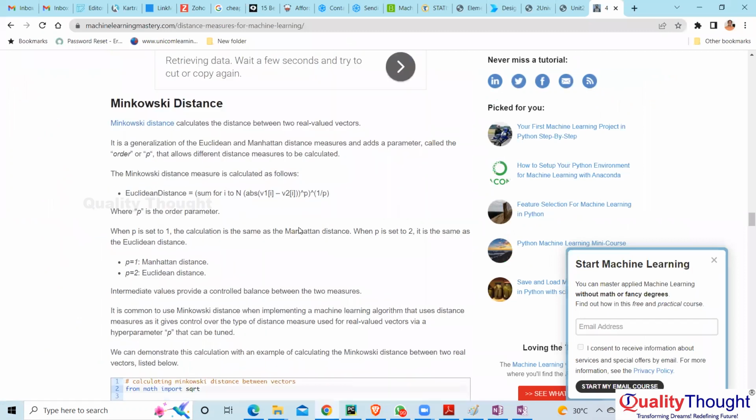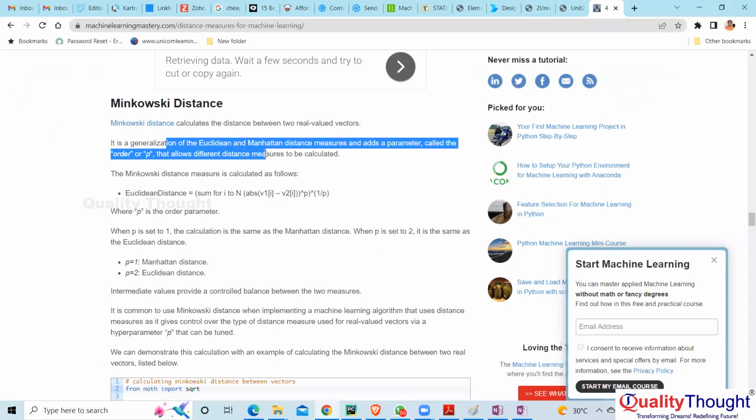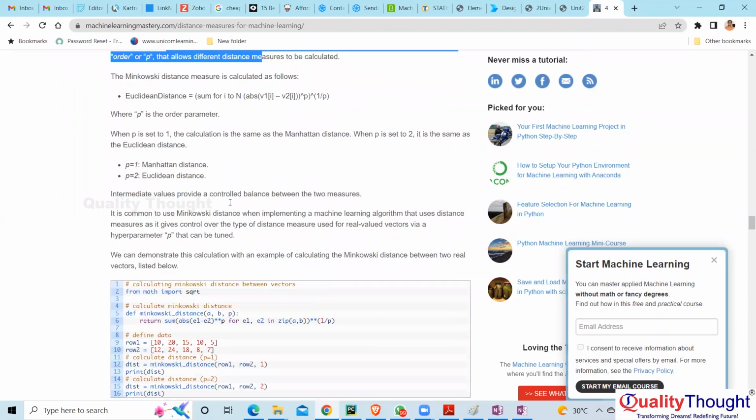And then you have Minkowski. Minkowski is another Euclidean-based thing, and here it either uses your Euclidean or Manhattan concept only.